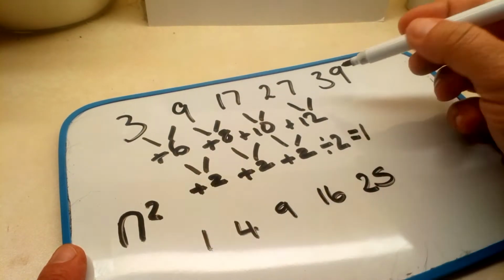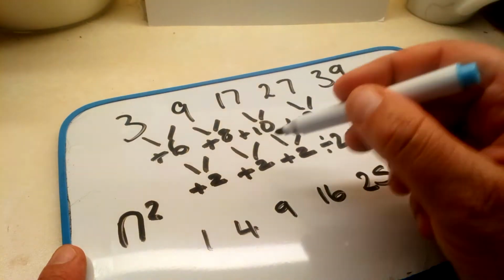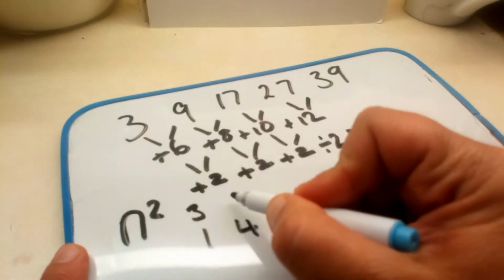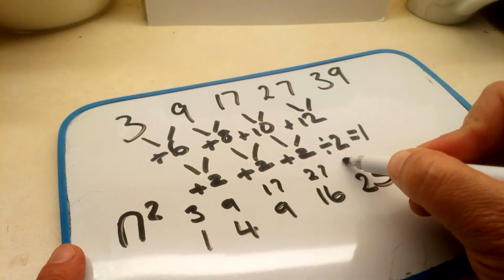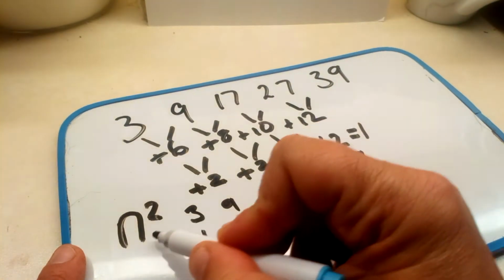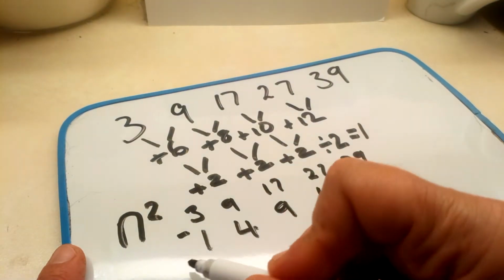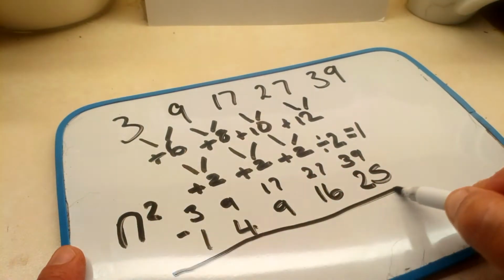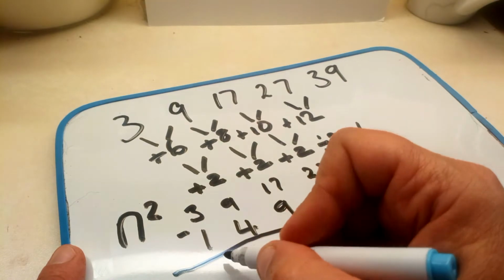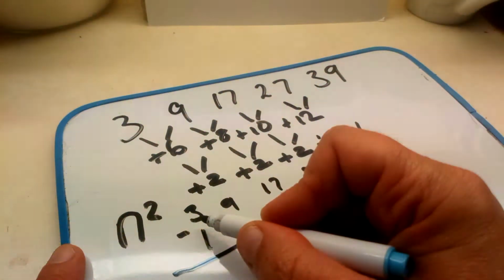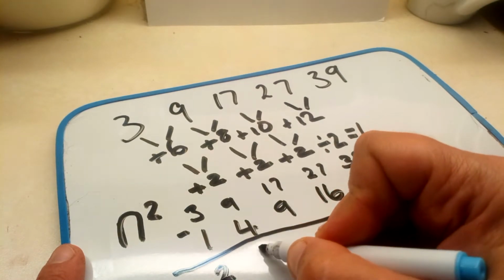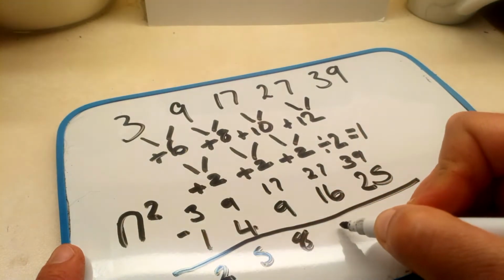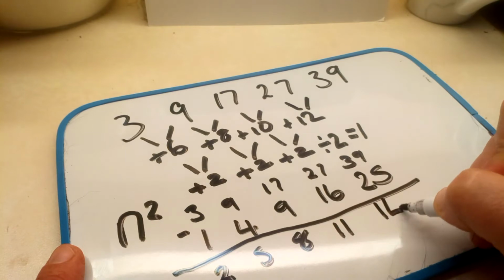The next step you need to do is write out the original sequence above it. So 3, 9, 17, 27, 39. And then you take the bottom from the top. Draw a line under these so you've got your answers underneath. So 3 take 1 gives us 2, then 5, 8, 11, 14.